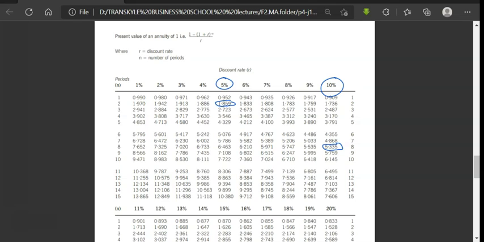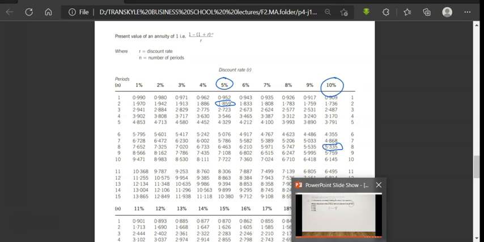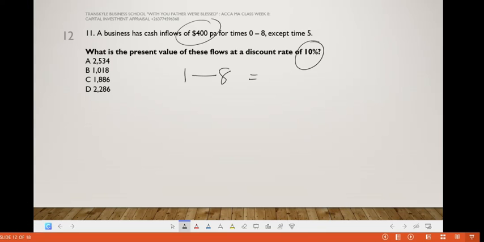That's the figure we need, 5.335. Then we are also told that except term 5. So except term 5 simply means that we need the PV factor year 5 at 10%.